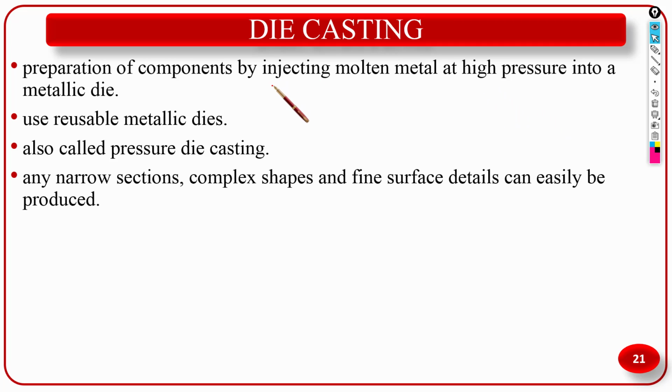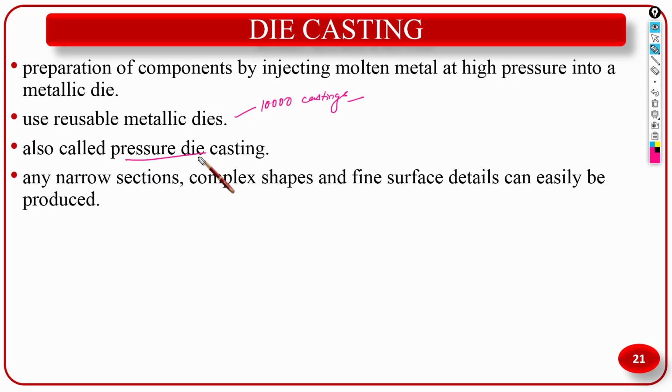So molten metal is injected inside the cavity, inside the die, at a very high pressure. Here we are using a reusable metallic die. That means, how much can you reuse? You can even go for 10,000 castings with one die.